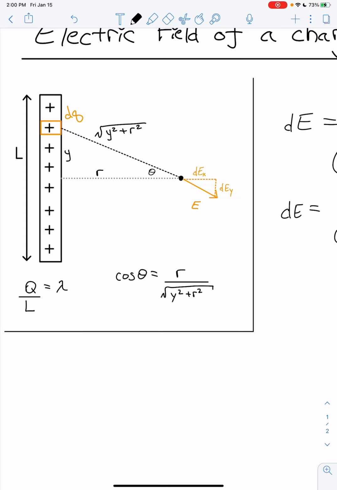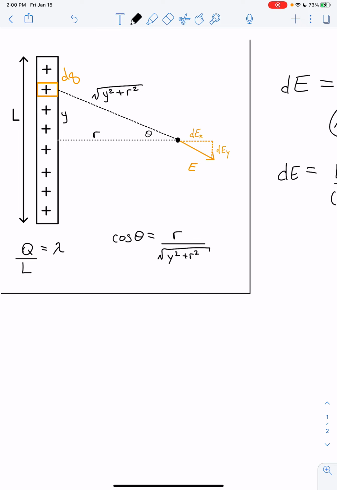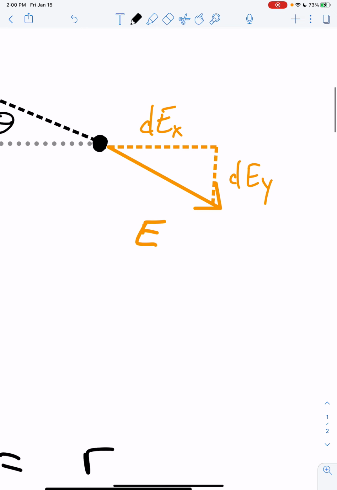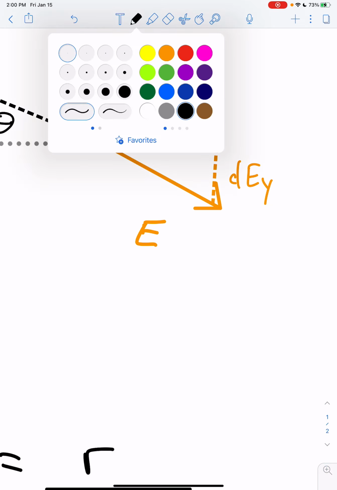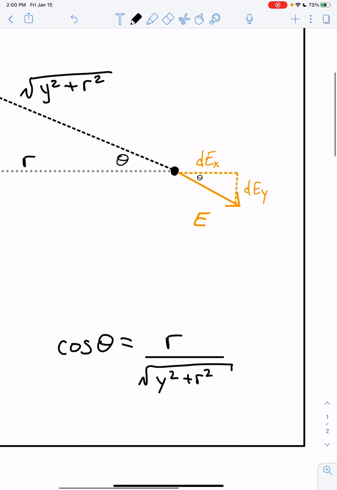So now that we have an equation for our angle, we can get an equation for our dEx. And so that's going to just be, if we look at this, we're going to have this theta in here as well. That's the same angle.